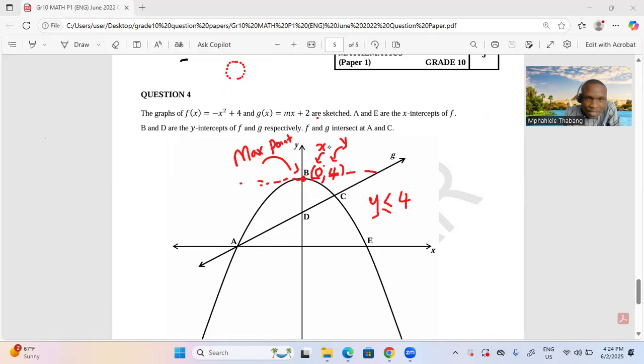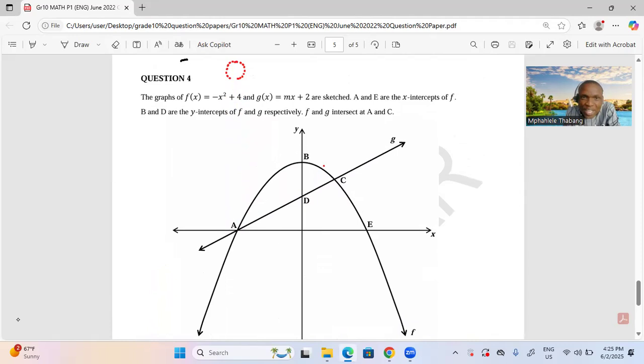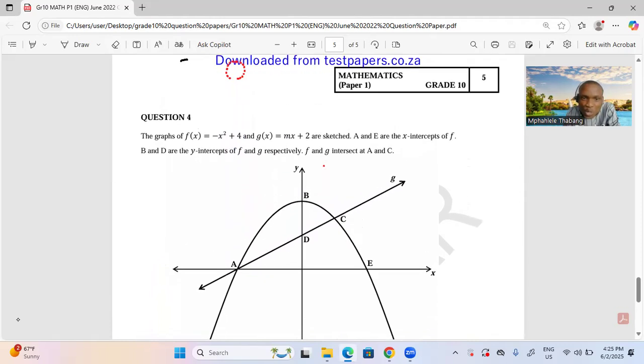Okay. So now let me continue. Let me look at the next question. Determine the length of AE. This is a very good question.